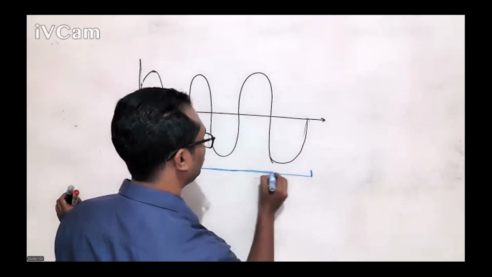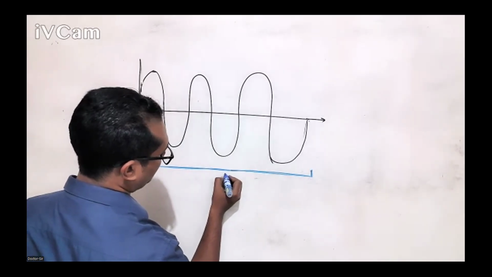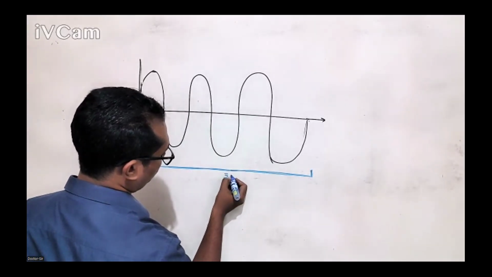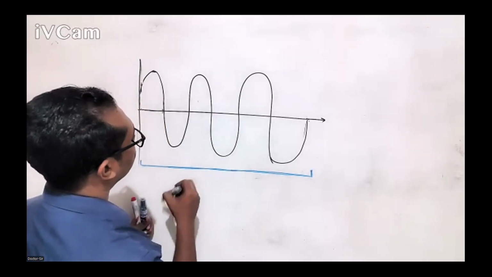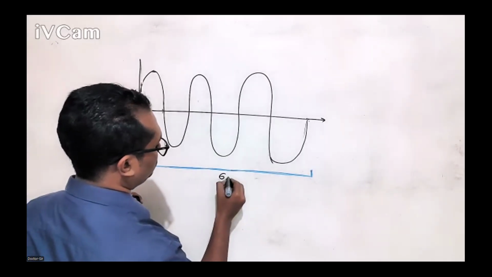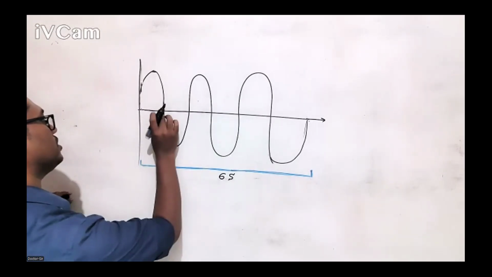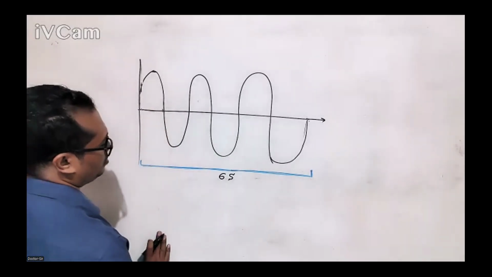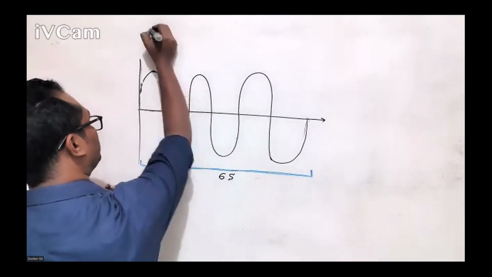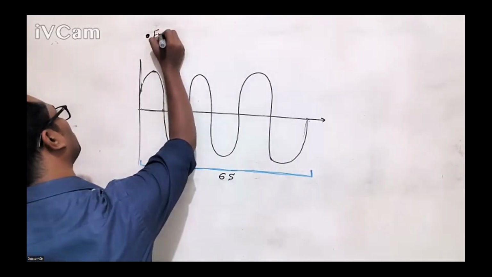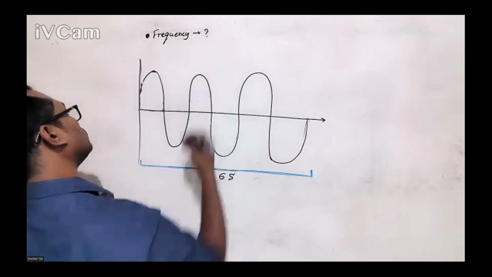I will give from here to here. It has taken 6 seconds. Okay, now tell me, from here to here these 3 wave cycles are there. So it has taken 6 seconds. So tell me the frequency now. What is the frequency?